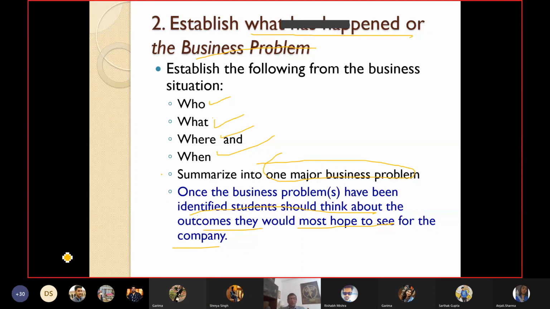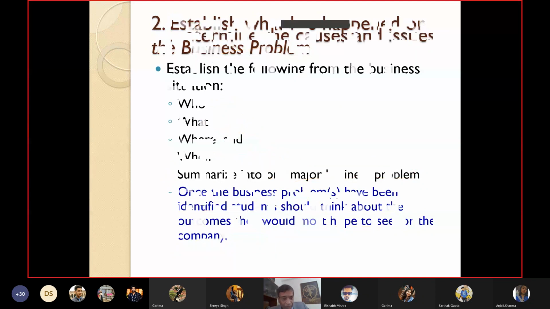This is what the company needs to do now, or change their strategy, or resurrect the process so that you're able to achieve the desired objectives, goals, and milestones. So you organize your events chronologically, think of what the problems are, and for each of the problems that you've identified, think what are the most important solutions that you can recommend, something which you hope to see for the company.